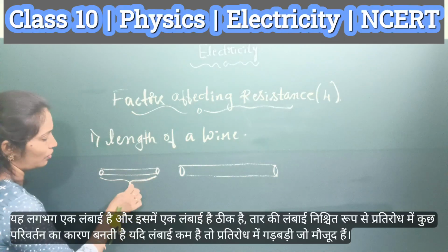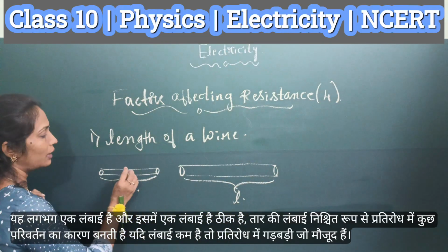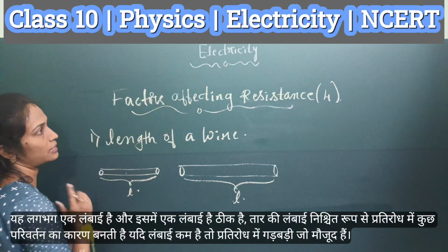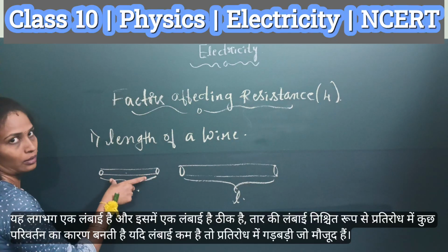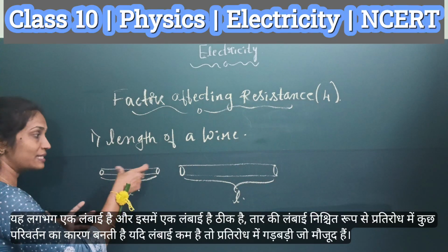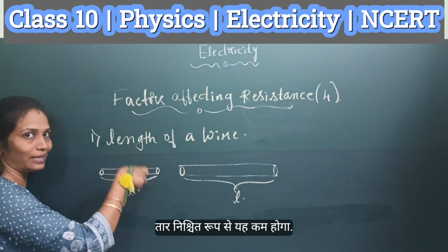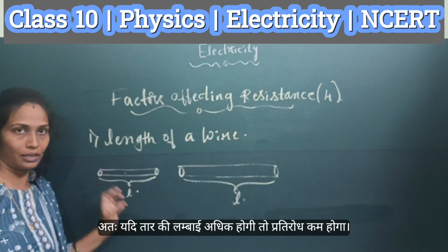This is around 1 length and this is having 1 length. The length of the wire definitely causes some changes in the resistance. If the length is short, the disturbance present in the wire will definitely be less. So the resistance will be less.